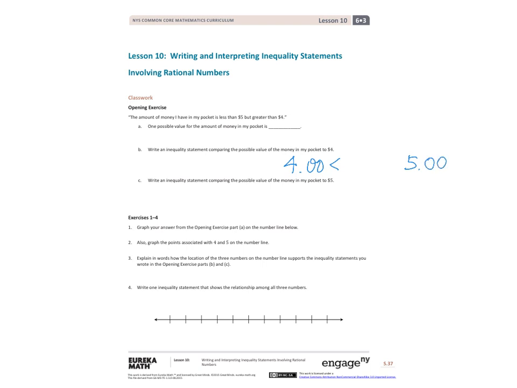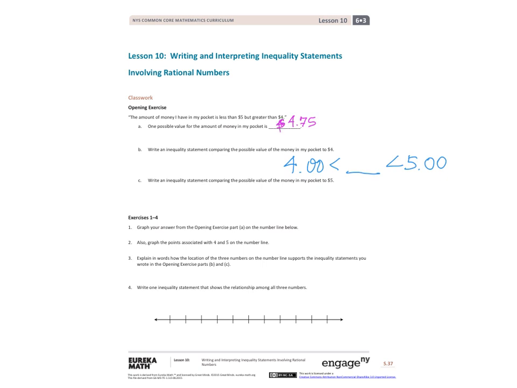So here's my $5, and I've got some number in here. One possible value, well, it could be 4.25, 4.01, any of those could be options, right? So one possible, I'm going to put $4.75. Okay, but that is not the only answer.